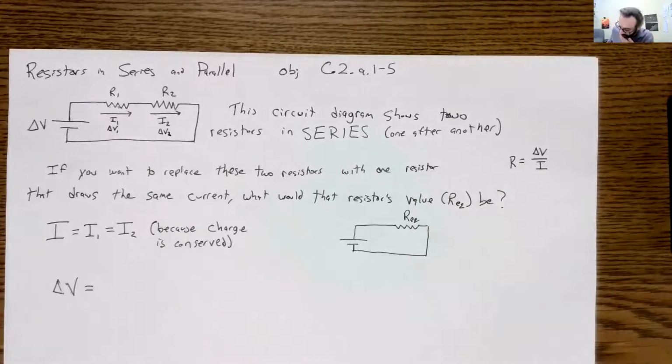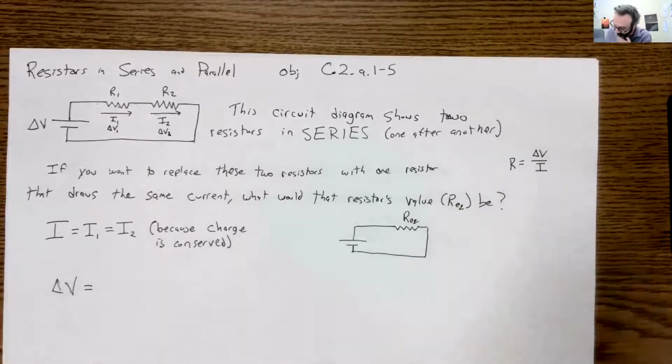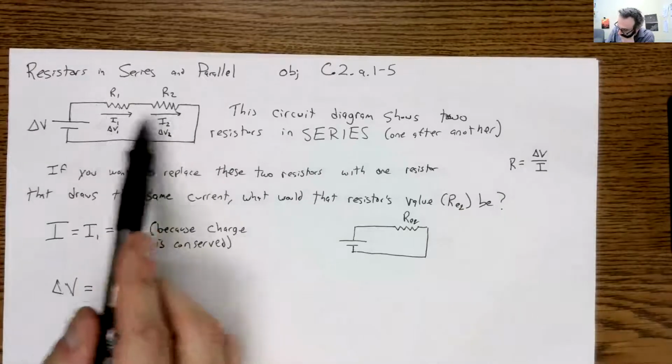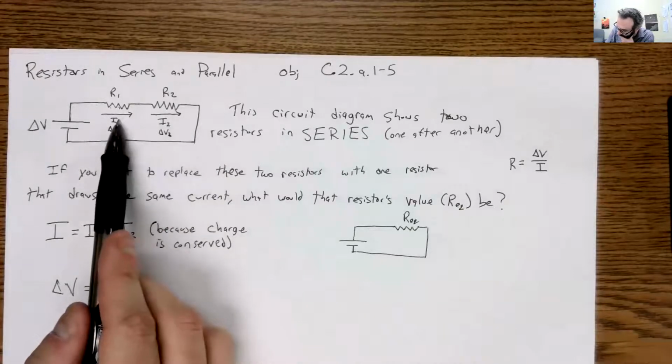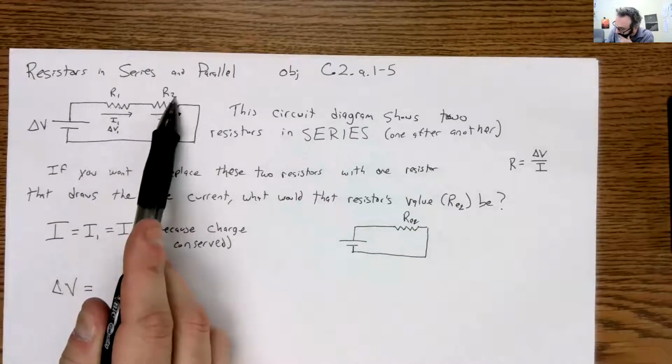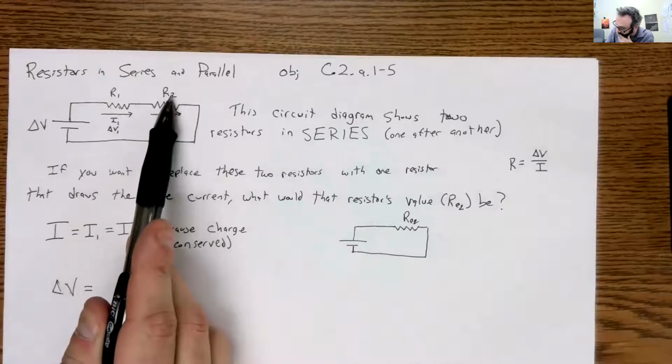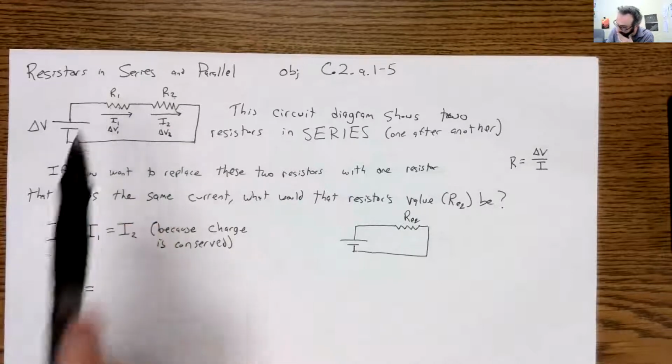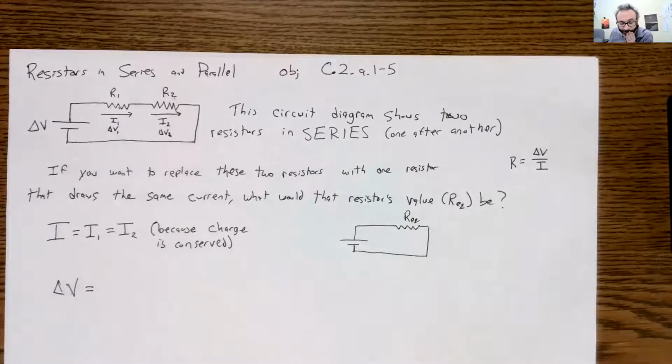That's just the definition of resistance. So if the current is the same in both of these, and R2 is bigger than R1, then delta V2 is going to be bigger than delta V1.